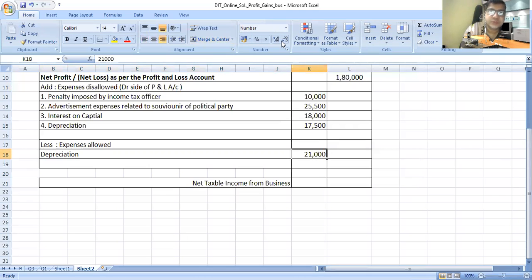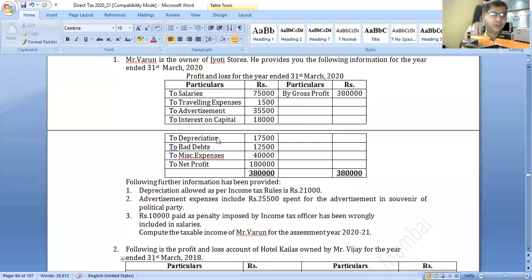Now, friends, in our problem, what they have provided in other information, after depreciation the next item is bad debts, 12,500. Bad debt is a business expense, miscellaneous expenses are also business expenses, so no need to do anything. Then on the credit side gross profit is provided, they are not providing any kind of income.